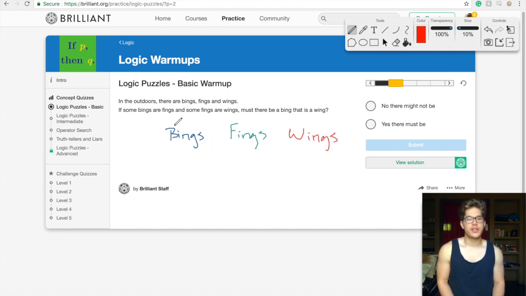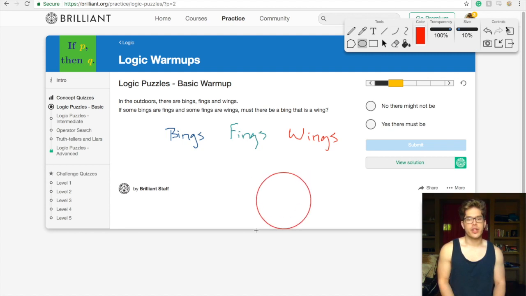And some beings are things, and some things are wings. Must there be a being that is a wing? I always found the best way to go about solving problems like this is to make Venn diagrams.